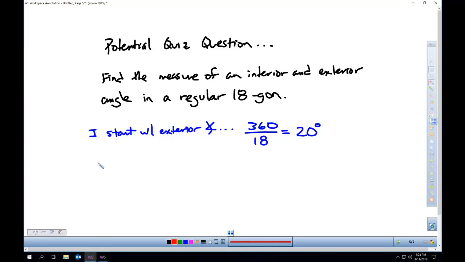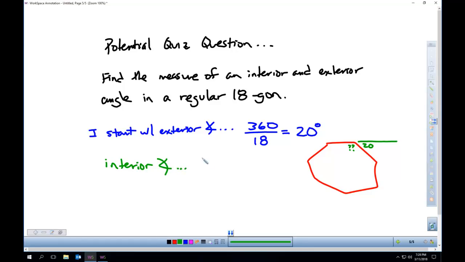Now, what do I do with the interior? I could use the interior formula, but if you remember that conversation we had a few minutes ago, there's a relationship between the exterior angle and the interior angle. And that relationship is what? They're a linear pair. So I should be able to find the interior angle just by knowing the exterior angle is 20 degrees.